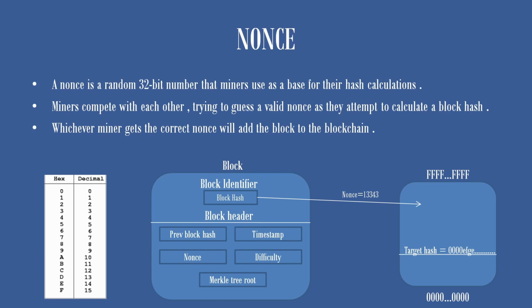As you can see here, the nonce value is 13343 and the hash produced by it is above the hash target, so it won't be considered. Again, this time the nonce is 10035 and it produces a hash which is also above the target hash, so this one will also be rejected and the block won't be added.